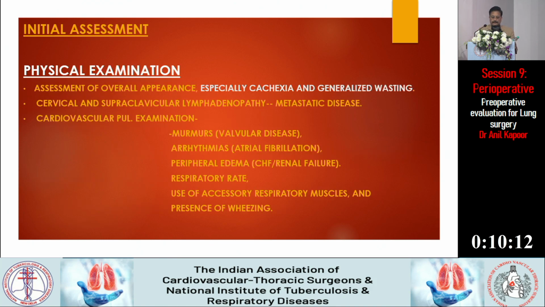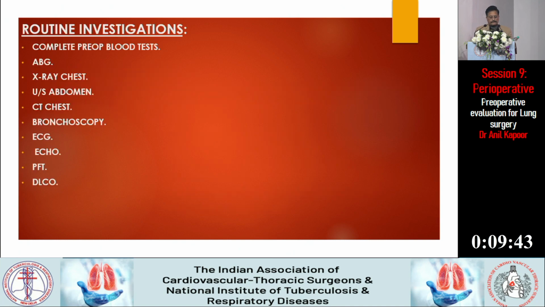Physical assessment includes the assessment of overall appearance, the weight loss, especially cachexia and generalized wasting, cervical, supraclavicular or other lymphadenopathy, cardiovascular examination, murmurs, arrhythmias, peripheral edema, respiratory rate, use of accessory respiratory muscles, or presence of wheezing. They should all be noted and accordingly addressed.